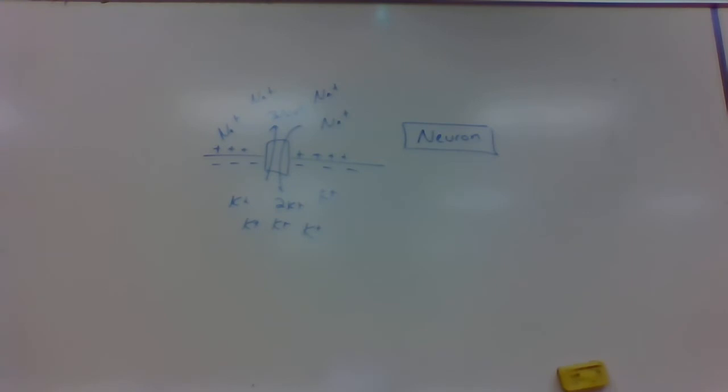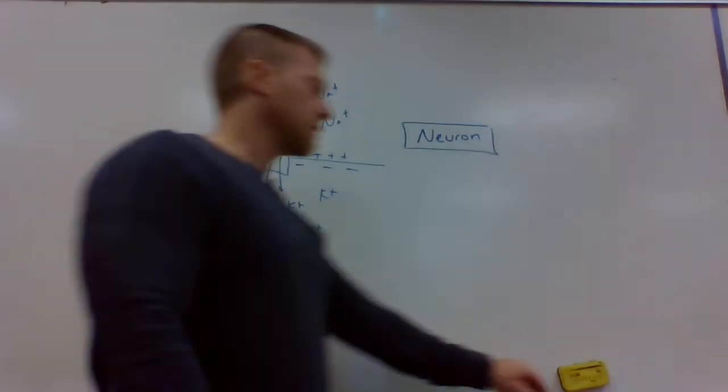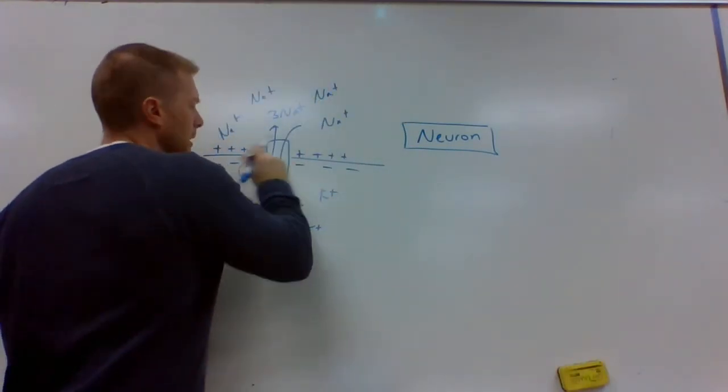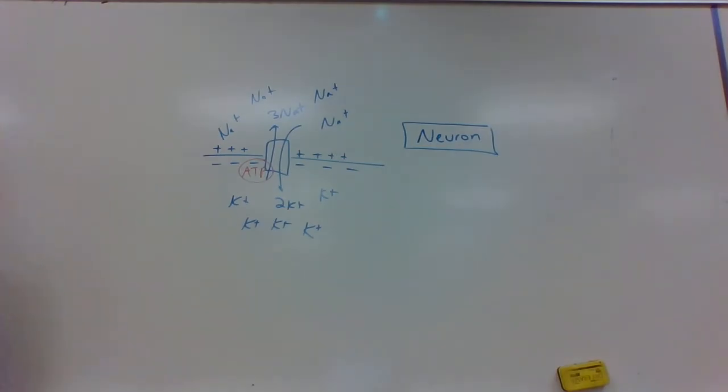It's using energy, right? I should draw that energy in there. It's using energy in the form of ATP. And you're pumping sodium out, you're pumping potassium in. Does that make sense to all of you? So Brock, if all the sodium is being pumped out, where does all that sodium want to diffuse?